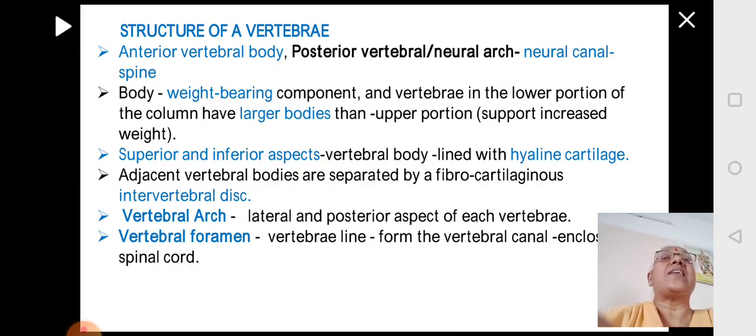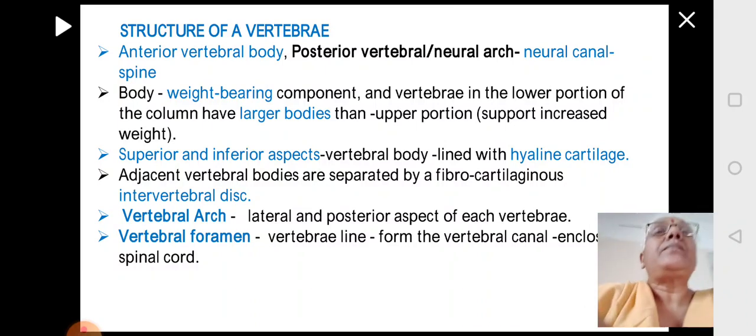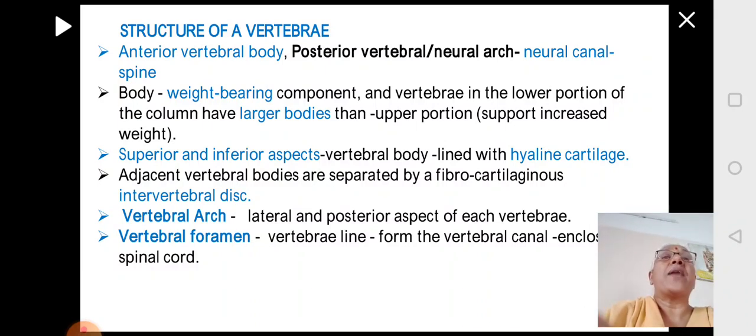One on the anterior side, which is called the body. The other on the posterior side, which is called the vertebral arch or the neural arch. The neural arch will have a canal called the neural canal, and inside the canal the spinal cord is present.